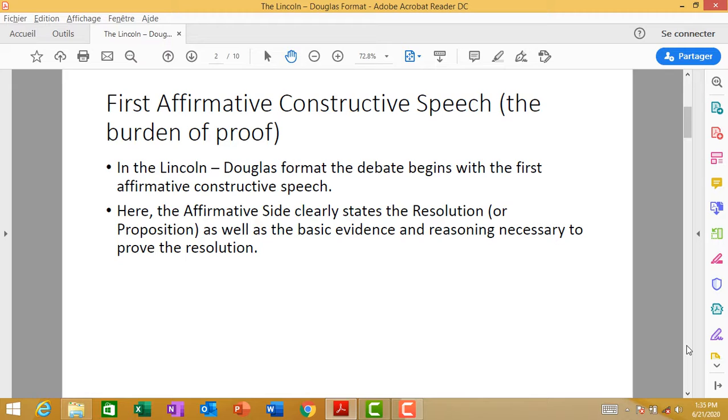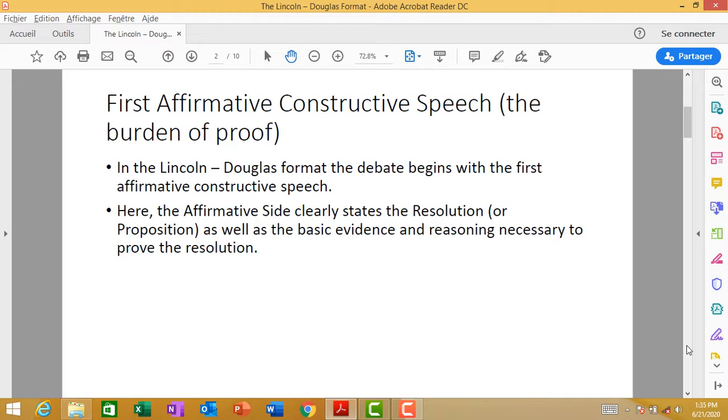The person who is for the issue has the responsibility for proving that the issue is right. This is why we say that they have the burden of proof. They have to prove that they are right, if you will.